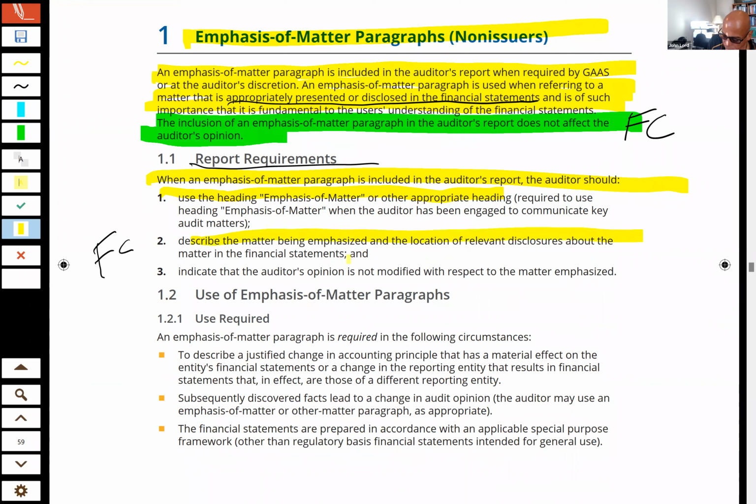Describe the matter being emphasized and indicate that the matter being emphasized is not the reason for a qualification, or we may be saying the opinion is not qualified at all. Okay. Now, when are we required? When does GAS tell us you must include an emphasis of matter?